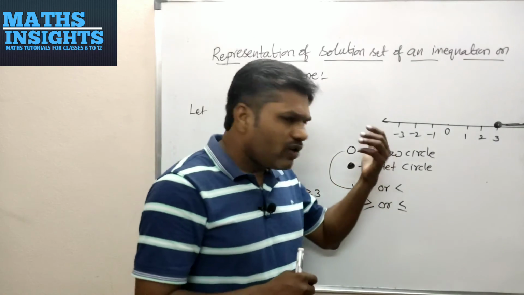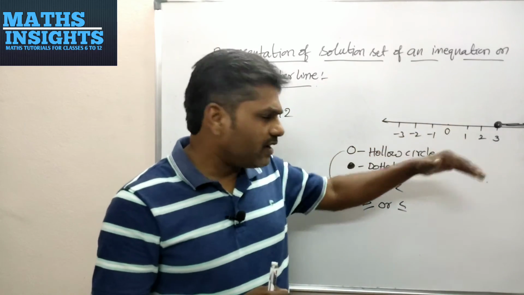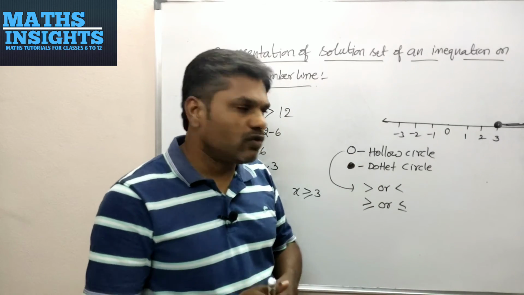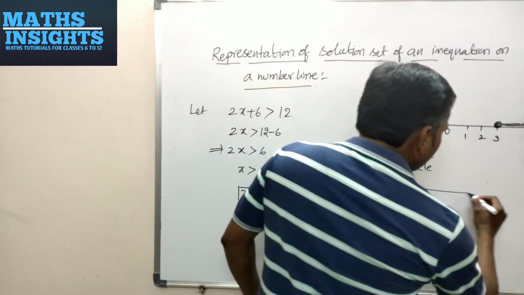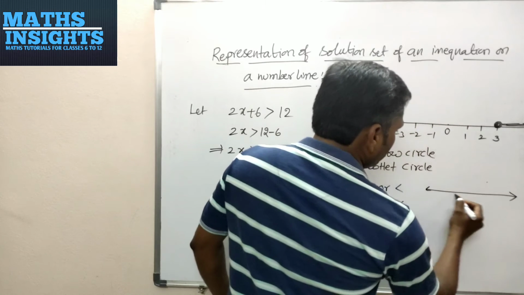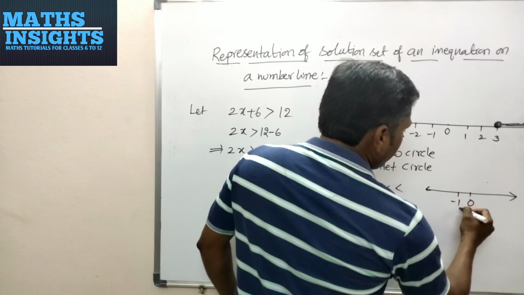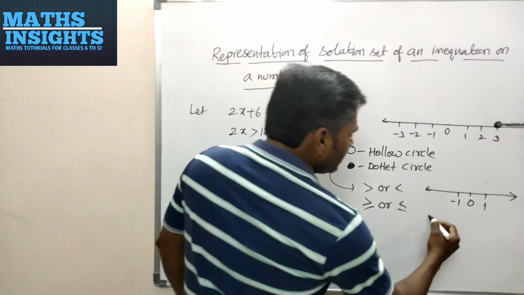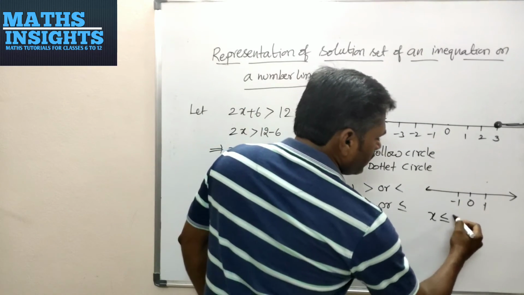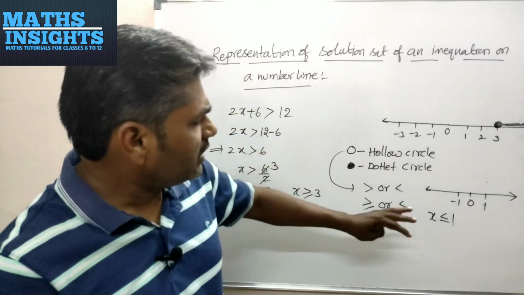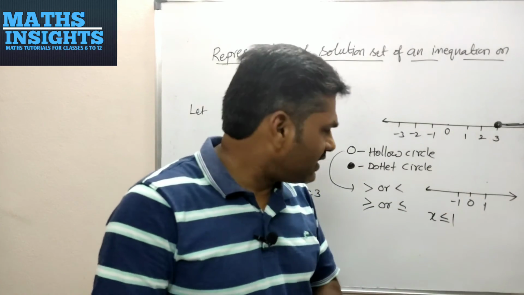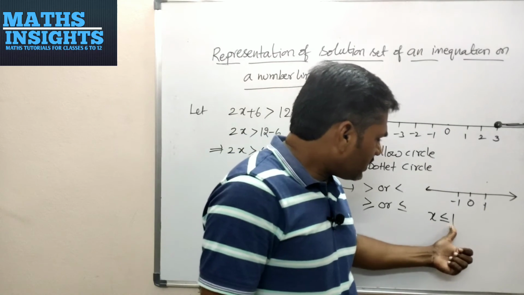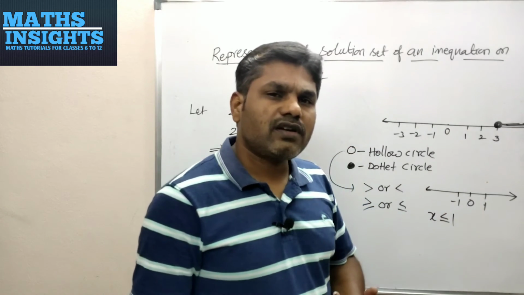You have to understand by seeing the number line itself whether the value is included or excluded. Suppose I am writing on the number line, this is 0, -1, +1. When I see the solution of an inequation, say x is less than or equal to 1, you have to understand whether 1 is counted or not.